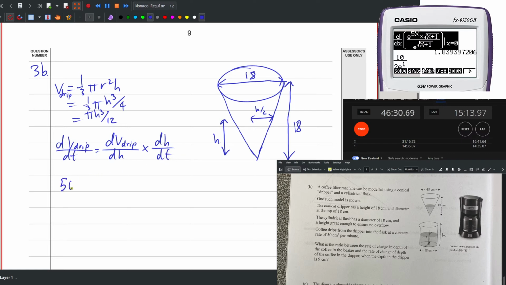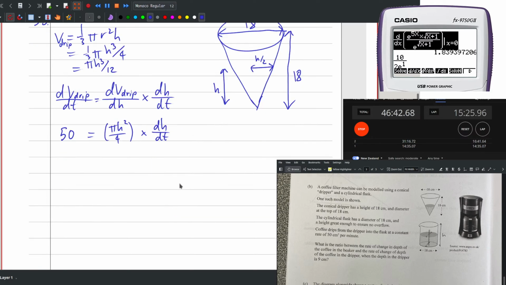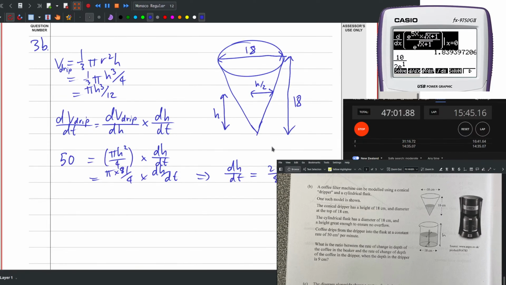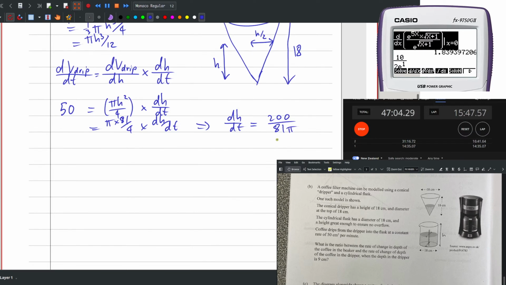So 50 equals pi h squared on 4 times dh on dt, which is equal to pi times 81 on 4 times dh on dt. So dh on dt is 200 over 81 pi. This is the height of the dripper, I guess.